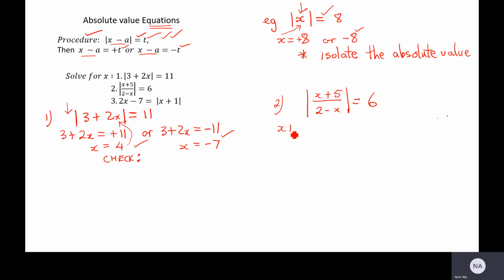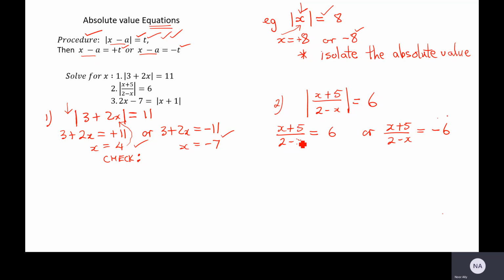So I drop the absolute values, and that's equal to the positive, or drop the absolute values equal to the negative. So I generate two equations and then you solve.